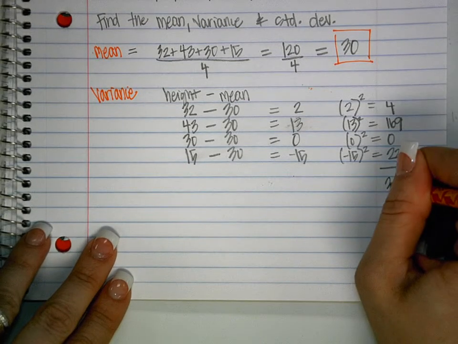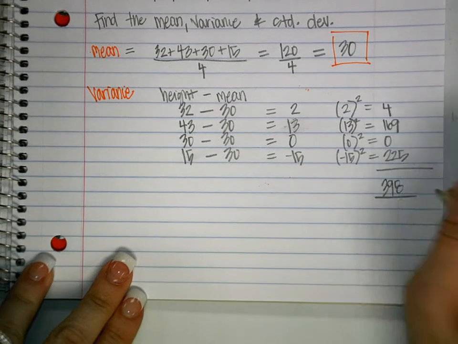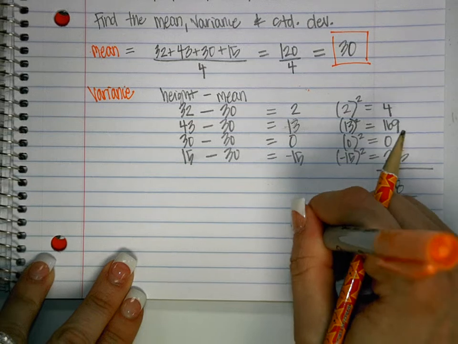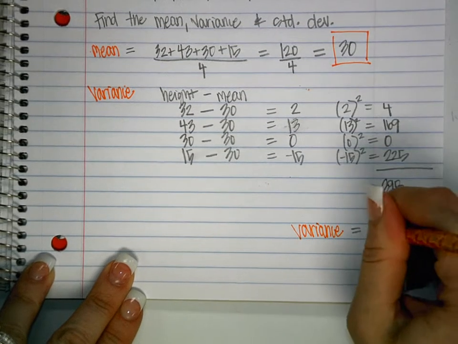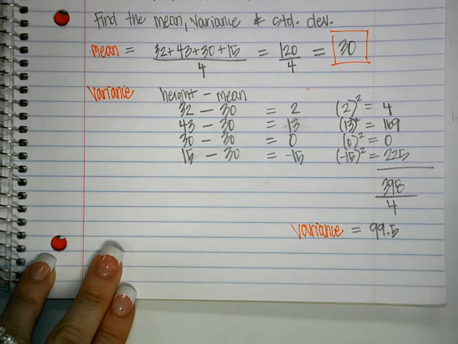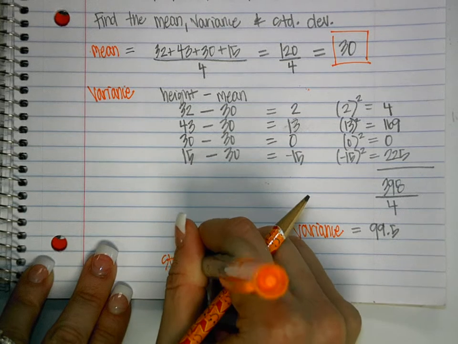If we add all of those together, that gives you 398. To find the variance, we have to find the average of those, so we divide by 4. That means your variance will equal 99.5. And then finally, to find standard deviation, we take the square root of that.